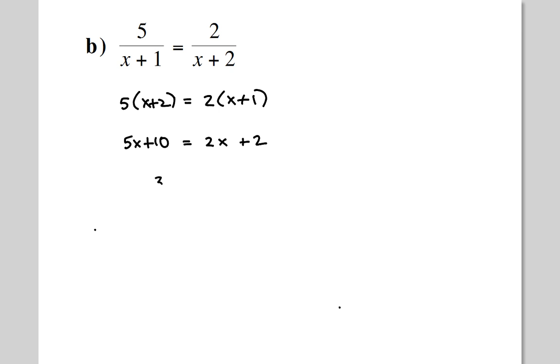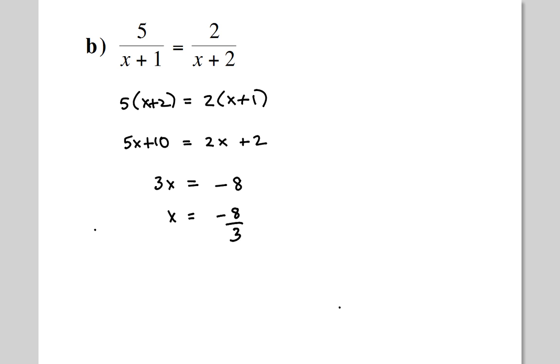So subtracting 2x, I have 3x. Subtracting 10, I have negative 8. You guys okay with that? I'll use my pointer just in case. 2x came over here, 5x becomes 3x. 10 comes over here, 2 becomes negative 8. And then solving for x, divide out 3. So it's negative 8/3. This is the solution to this.